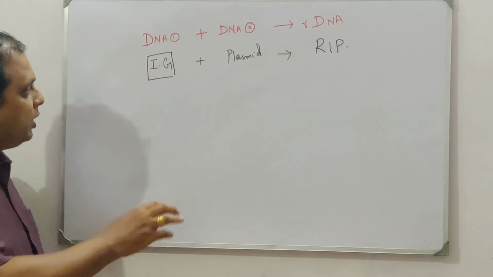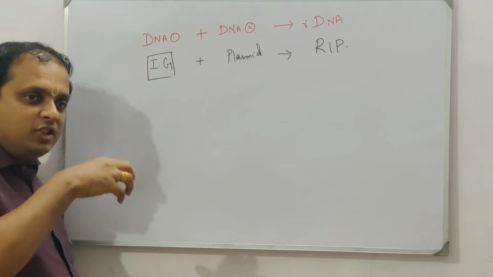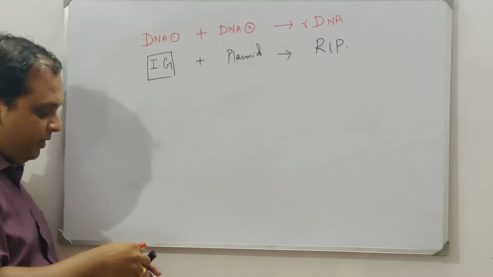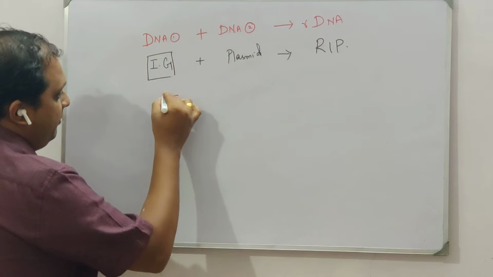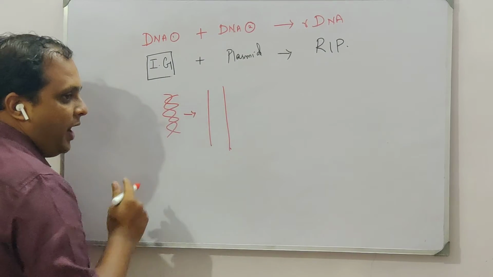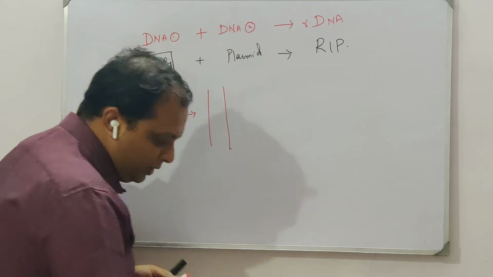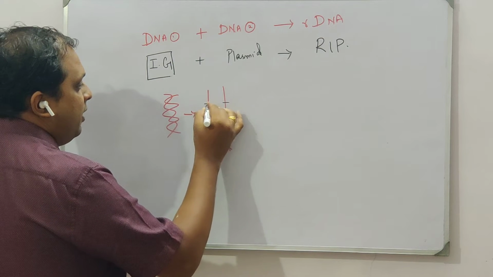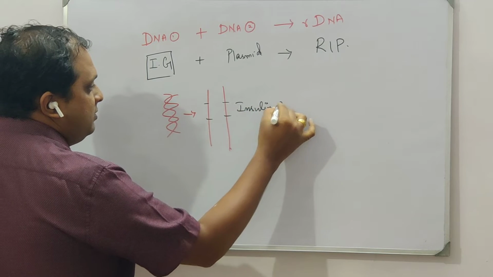Now, in order to get this insulin gene, I have to know where this insulin gene is present. The insulin gene is present in the DNA. If I consider this as the structure of DNA, it is in turn made up of n number of genes, and each gene is going to code for a particular protein, of which I might consider this to be an insulin gene.